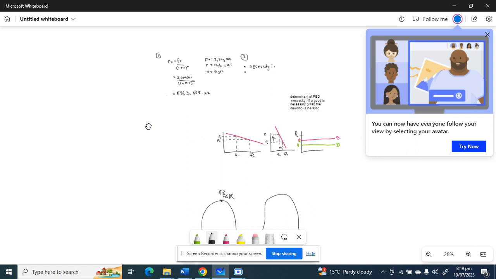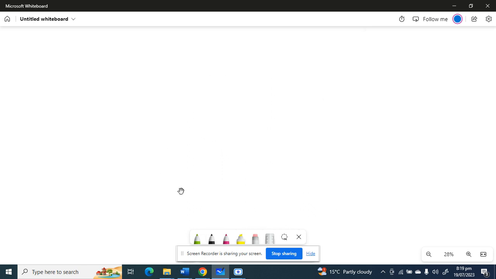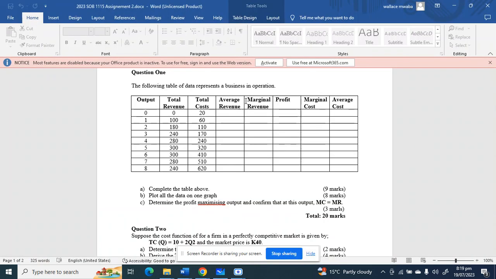Okay, so then what about average revenue and average cost? Average cost, this is the cost of one unit. So what about average revenue?